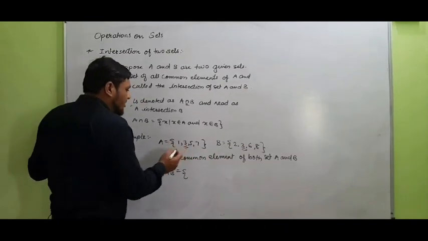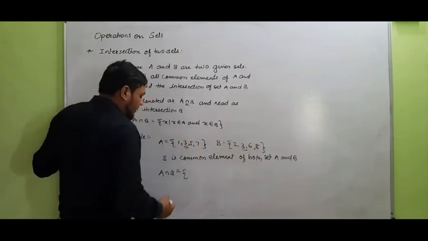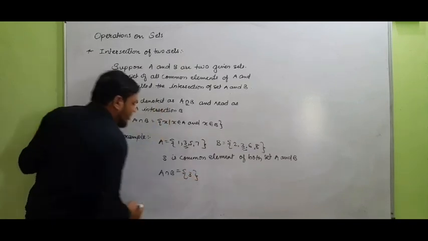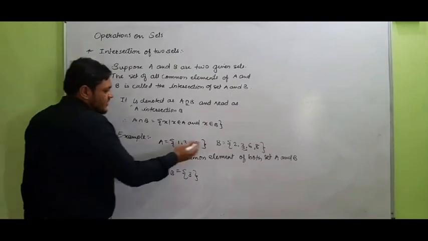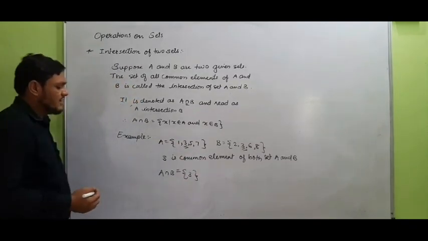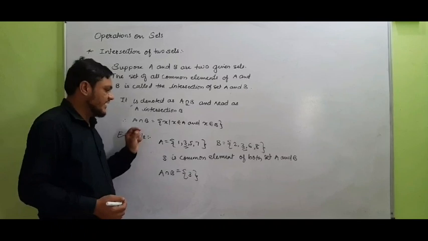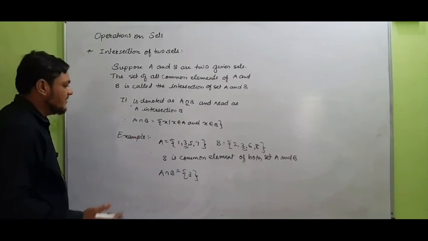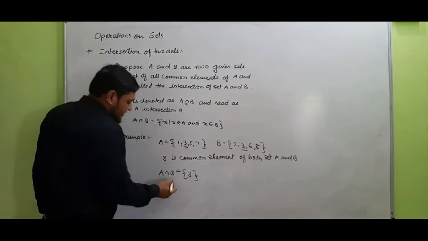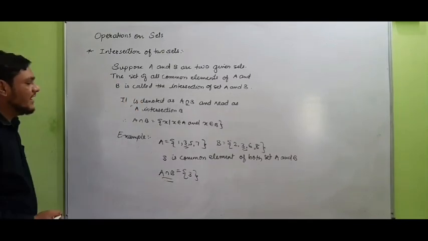There is only one element common in sets A and B, that is 3. Two sets may contain more than one common element, but here there is only one, so we write only 3. This is a singleton set, because only one element is common in both sets. This is nothing but the intersection of sets A and B.